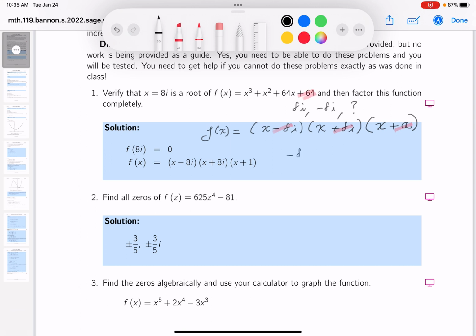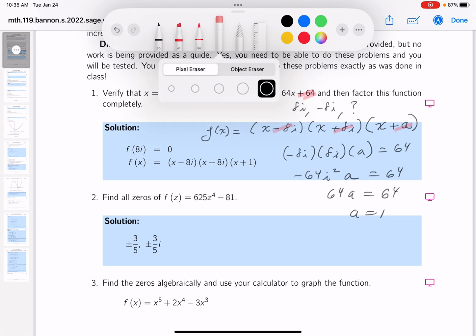So minus 8i times 8i times the a, and I'm trying to figure out what that a is. What do you get over here? Minus 64 i squared a. Oh, by the way, this equals 64. Sorry about that. That equals 64. What's i squared? It's minus 1. So you get 64a is equal to 64. What's a? a has to be 1.